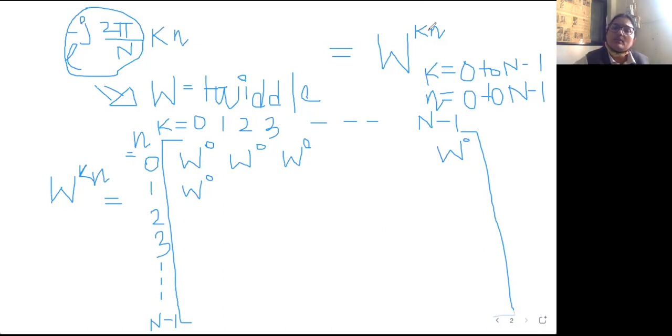So whatever may be the value of n, the multiplication always comes out as 0 only. So the third value is also going to be W raised to 0, the fourth value is also W raised to 0, and the N minus 1 value is also W raised to 0. We have written the first column and first row.